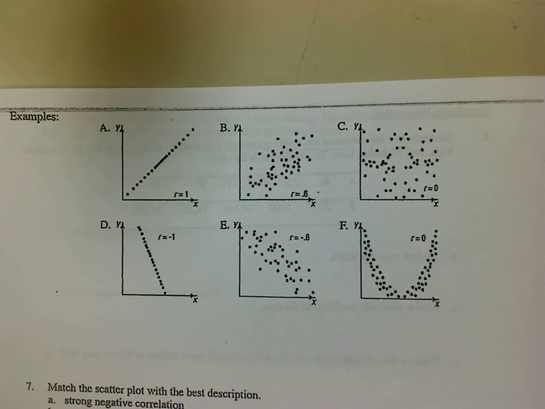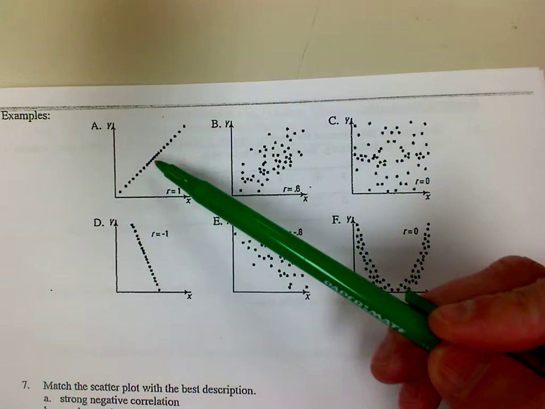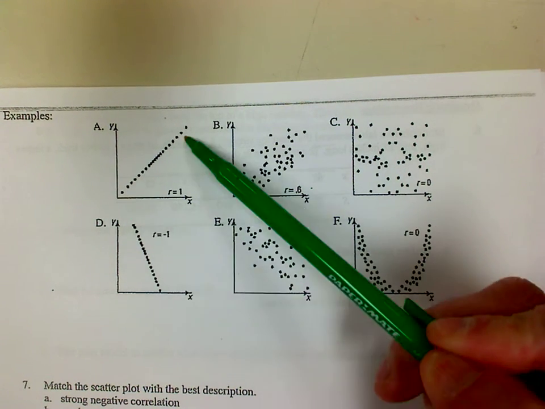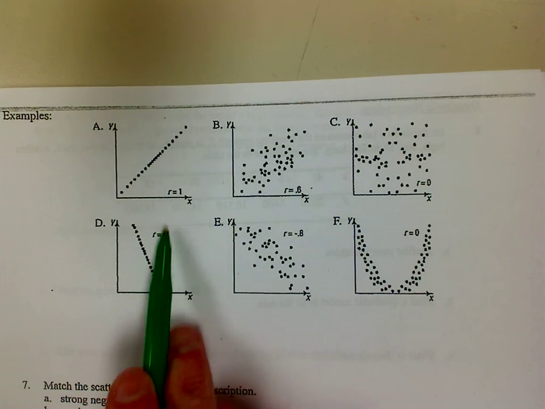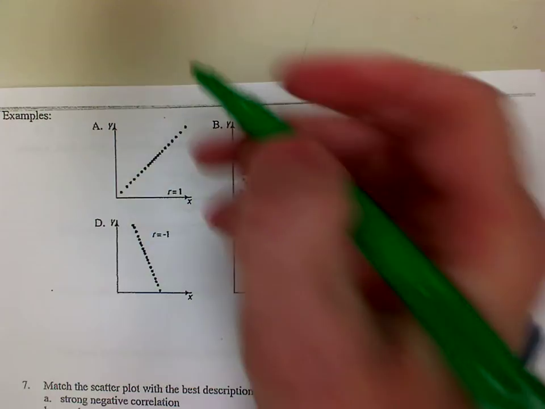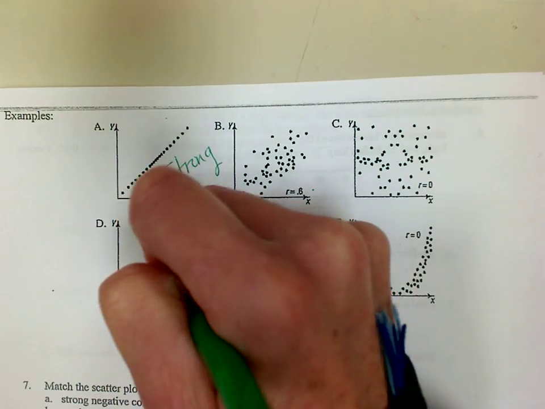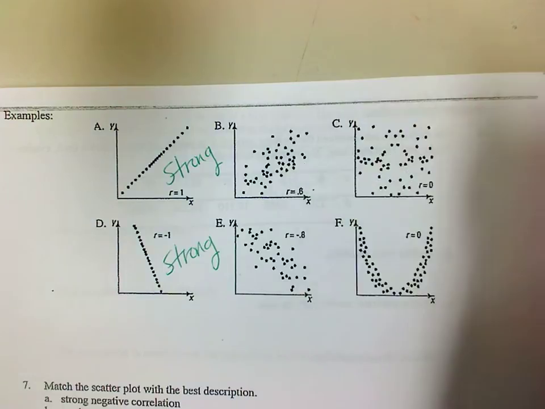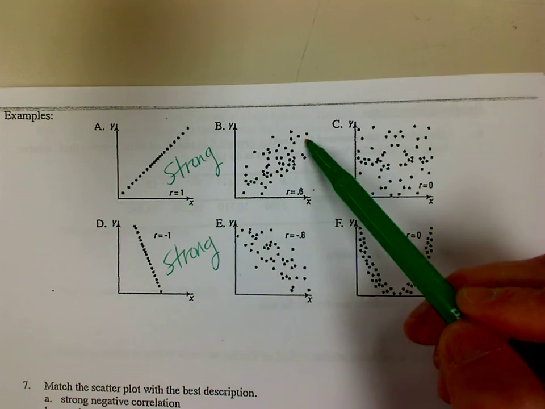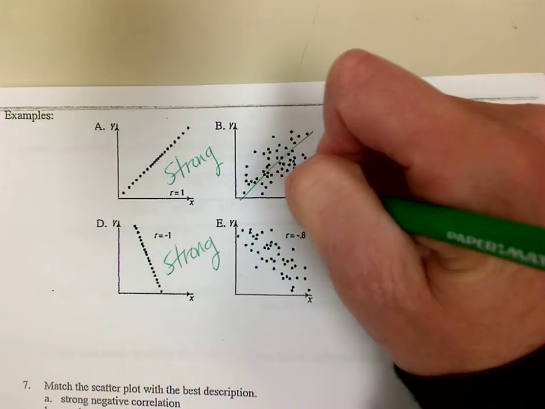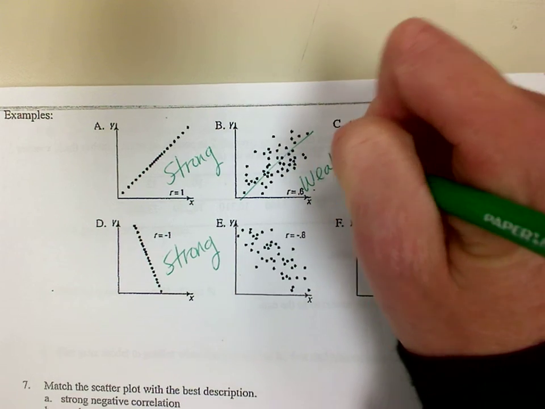Looking at these 6, we're just going to write down whether it's a strong relation, a weak relation, or no relation at all. If I look at these two, they form an exact nice line going up and going down. If you look at the R value, they're a 1 and a -1. So these are both a strong correlation. These are scattered about, but you can see that they're increasing, but it's still a weak correlation.